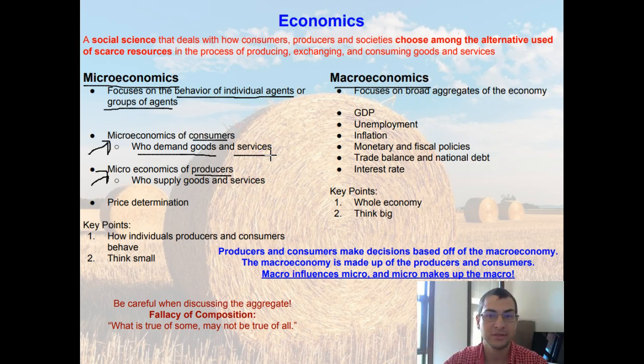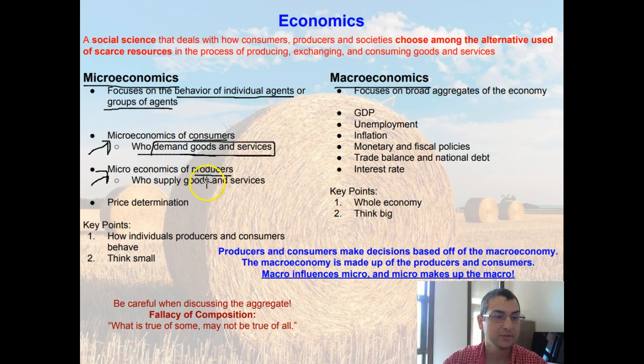They're going to be consuming those goods and services, using them up. So the microeconomics of consumption looks at how individual buyers, individual people that are buying these goods, are buying them. What are they using them for? How are they going to use them up? So it's looking at who demands those goods and services.